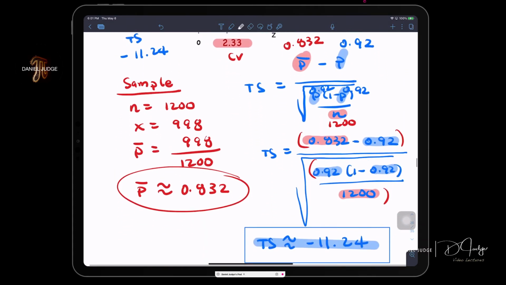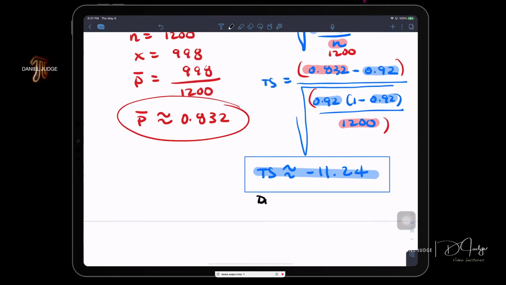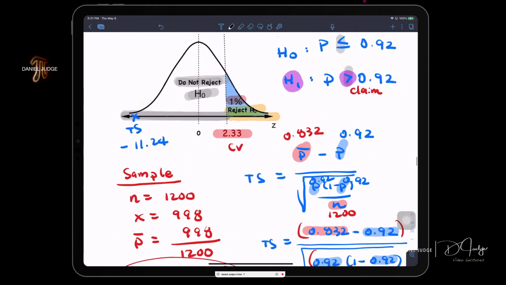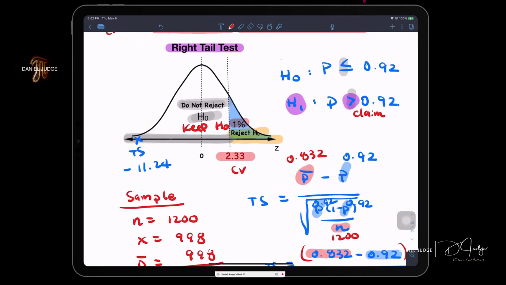Do not reject the null. So I'm going to write it down here informally. Here's my formal information. Do not reject the null. So you're not rejecting the null. If you don't reject the null, you are keeping the null.